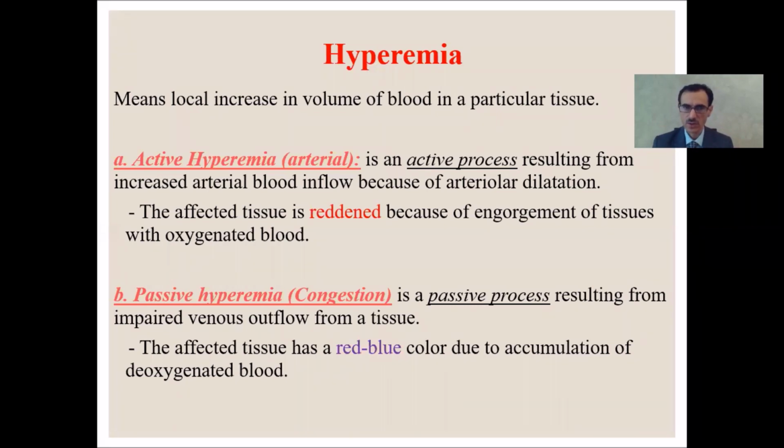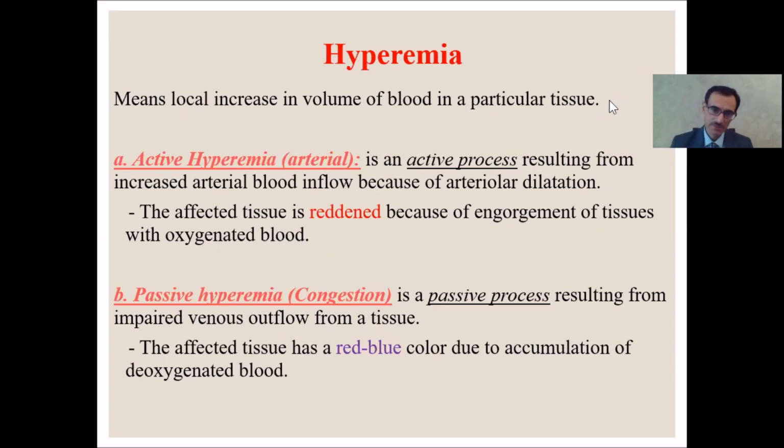Active hyperemia is an active process that results from increased arterial blood inflow due to arteriolar dilatation. Because of the increased arterial blood, the tissues become red with oxygenated blood.